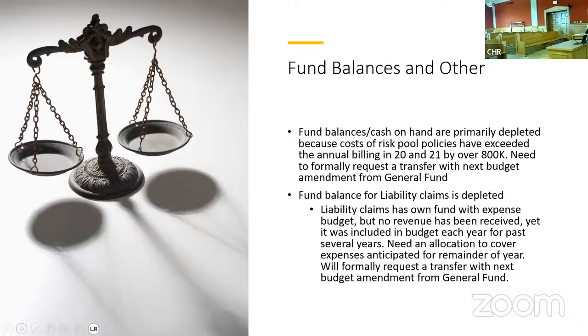So the bad news is I don't know what to do here. I need to formally request a transfer to shore up our risk pool numbers, and it's about $800,000 to make sure we have enough cash.